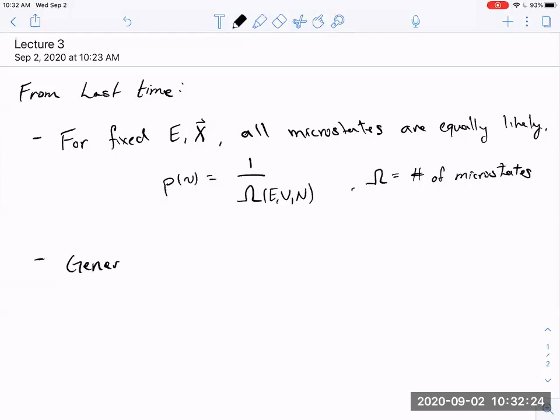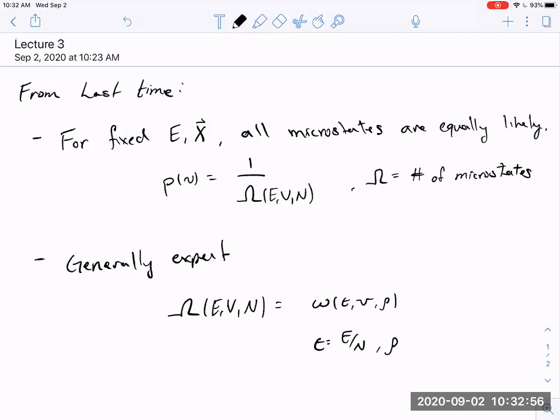We found that we should generally expect that omega, dependent on extensive variables like energy, volume, and number of particles, should go like some little omega, which is a function of intensive variables, things like the energy density, epsilon, or the mass density, molecule density, number density, something that is independent of scale, to the n.